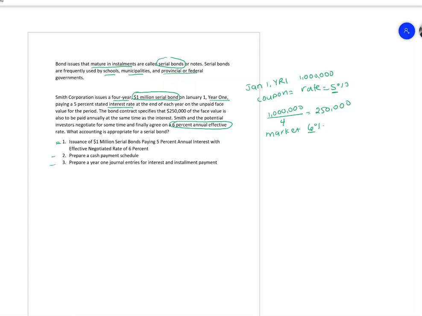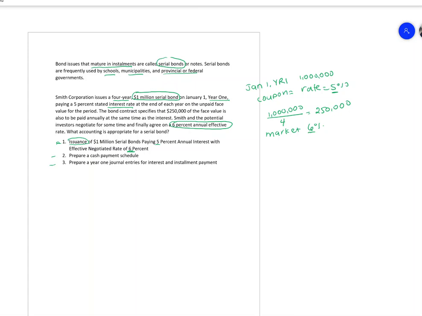When you do a serial bond, first we need to calculate the present value of the bond at the time you issue it. We know the market rate is 6% and the coupon rate is 5%. I'm going to show you how to calculate the present value of a serial bond.